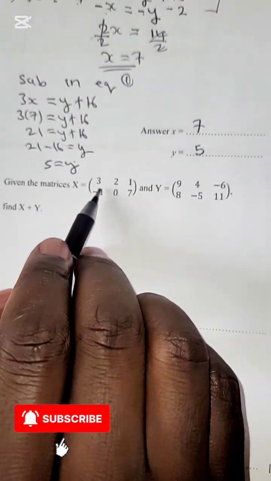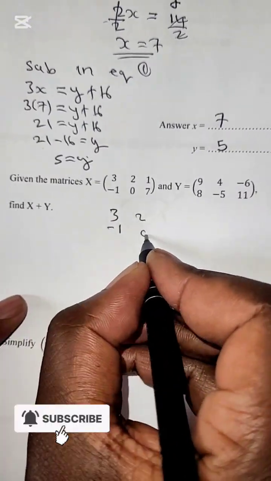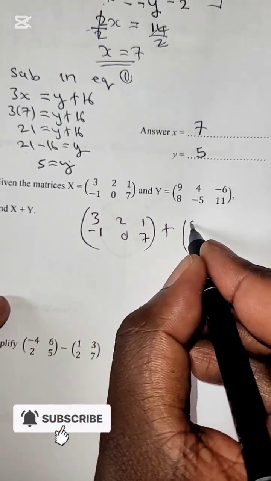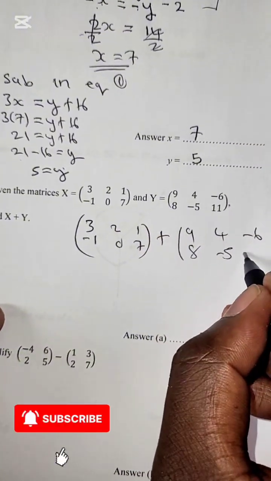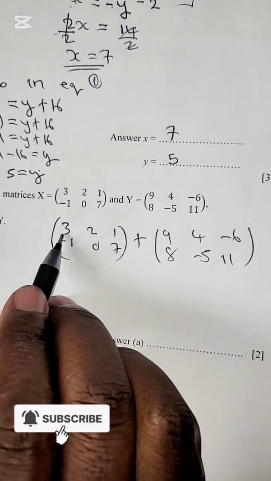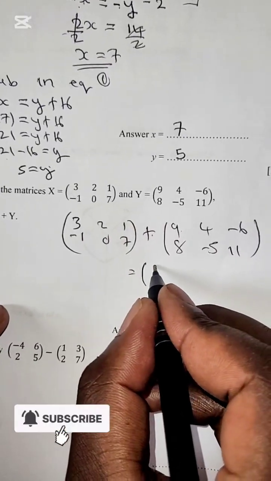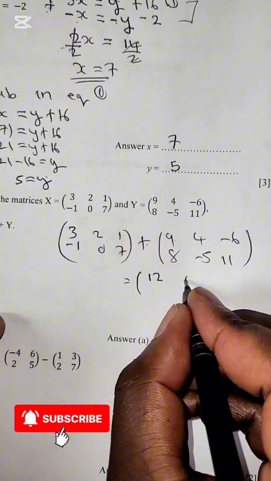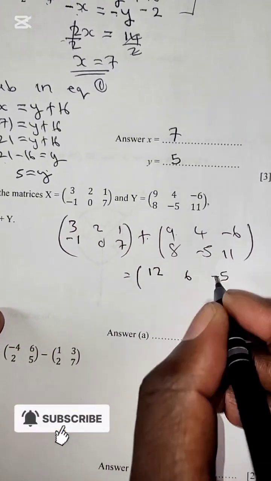Okay, next one, given that matrix x is equal to, and matrix y is equal to, find x plus y. We're going to add matrix x and matrix y. 3, -1, 2, 0, 1 and 7, plus y, that's 9, 8, 4, -5, -6 and 11. So 3 plus 9, you get 12. 2 plus 4, 6. 1 plus minus 6, that's minus 5.